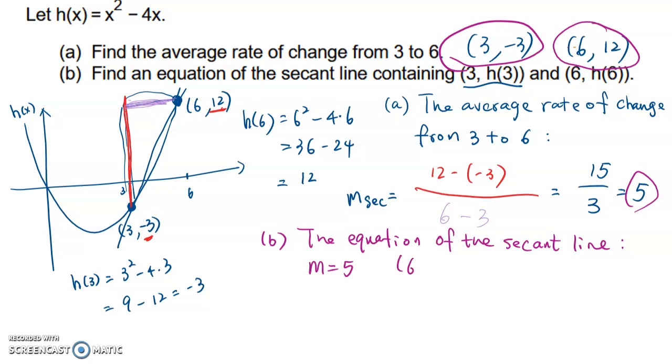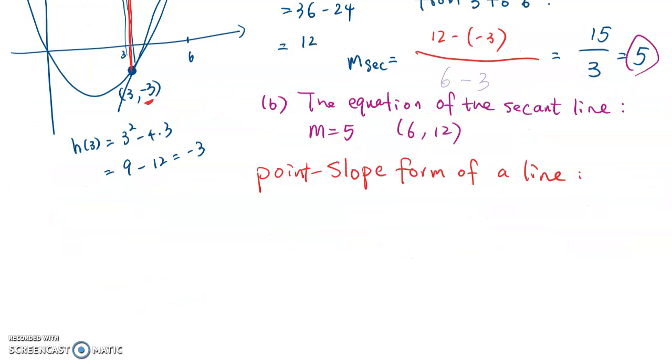So if we know the slope and one point, we can find the equation by using the point-slope form of a line, right? What is the point-slope form of a line? It is, if we know the slope of the line and a point on the line, let's call it x1, y1, then the equation of the line will be y minus y1 equals m times x minus x1.